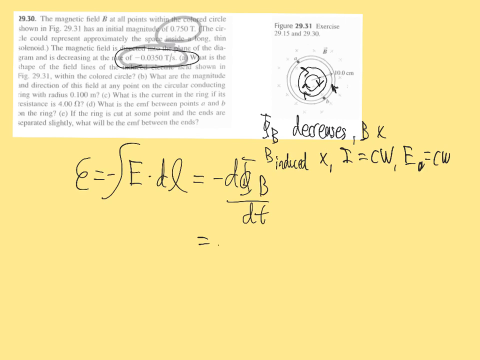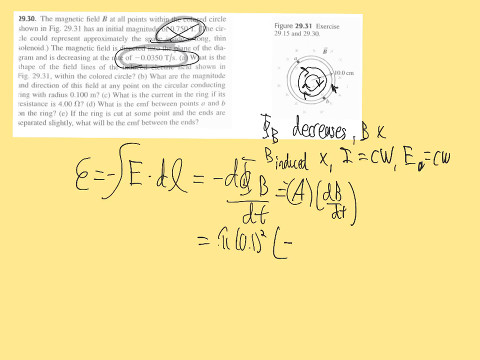Remember, this is going to be the area times dB/dt. The area, because it's a circle, will be pi times 0.1 squared. And dB/dt will just be the change in the field, not the initial magnitude. It's just this number here, so it's going to be negative 0.035 Tesla per second.